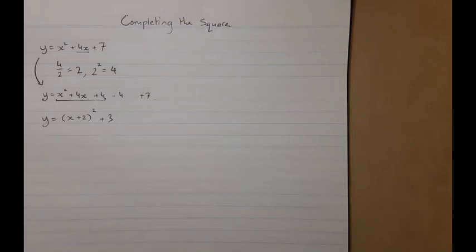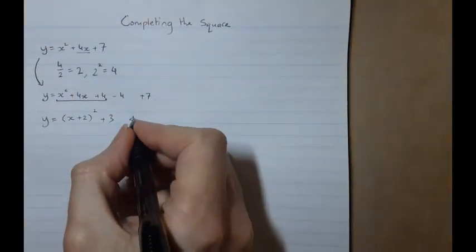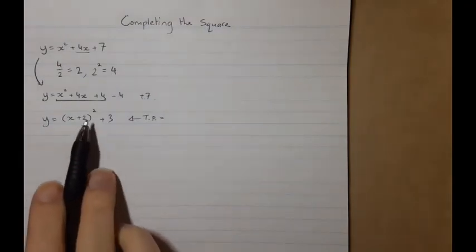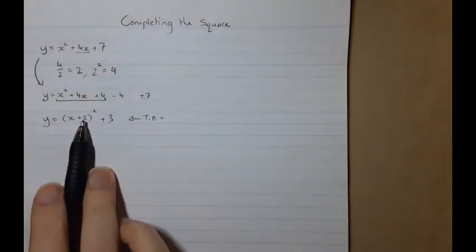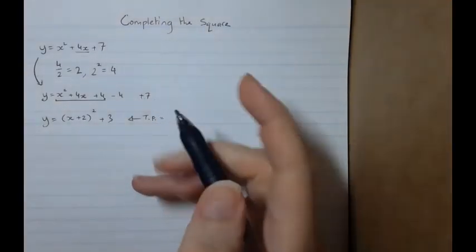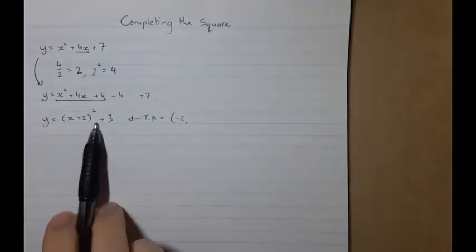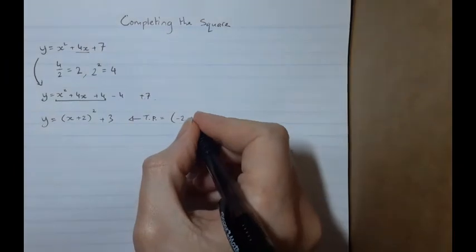So that's the process of completing the square done. That's it. No more completing the square. And actually we can find the turning point by looking at this number here, plus 2. Now it turns out our turning point is actually minus 2 and plus 3.